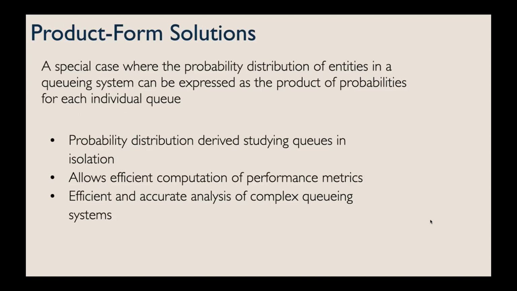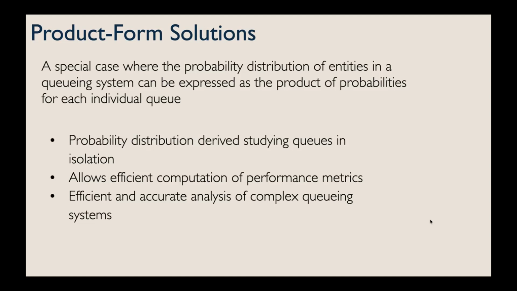When we study queuing networks, we usually hope to find them to be in product form. We hope they are product form networks. This is a special case where the stationary probability of the whole system can be expressed as the product of the probabilities of its components.